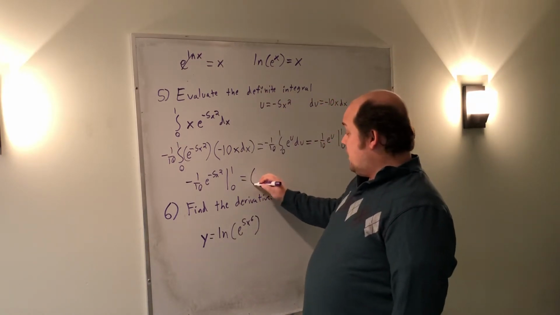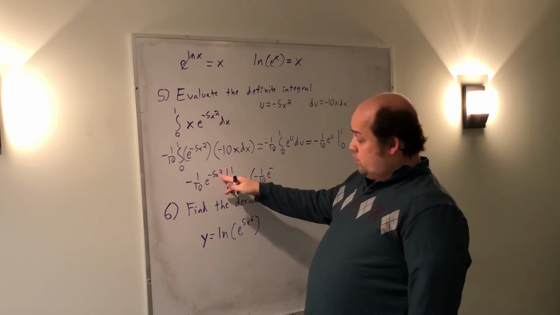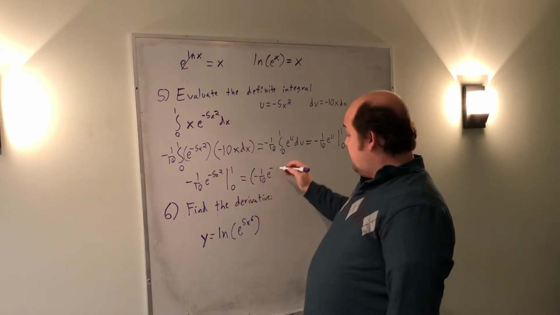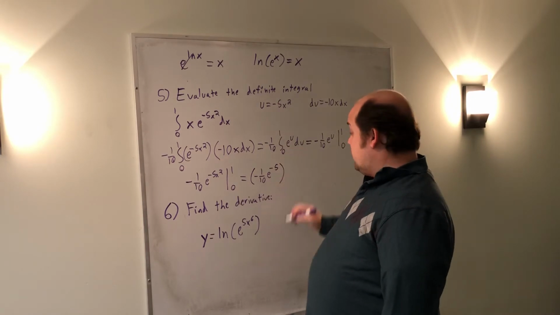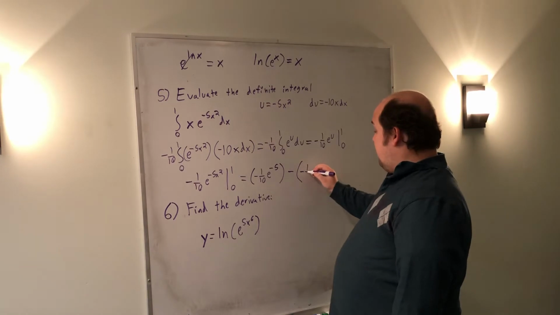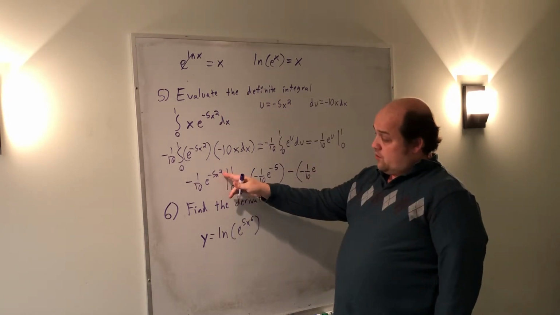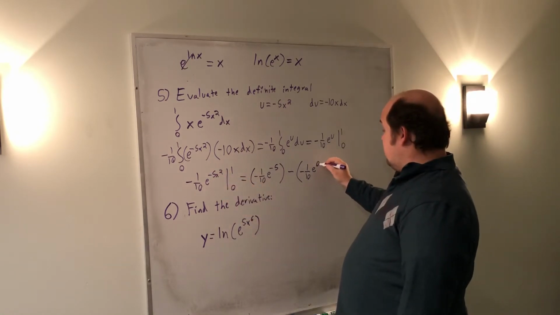When I put in the 1, I get negative 1/10 e to the negative 1 squared is 1 times 5 is 5. I'm going to subtract from that when I put in 0, which gives me negative 1/10 e to the, when I put in a 0, 0 squared is 0 times negative 5 is also 0.